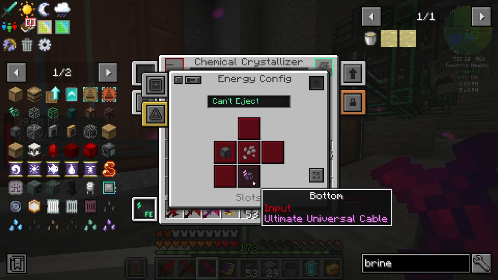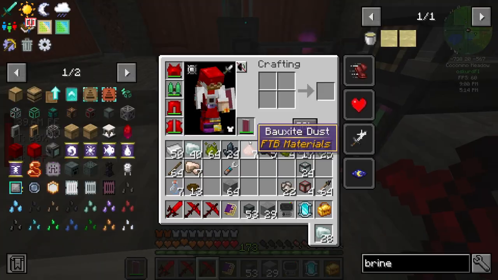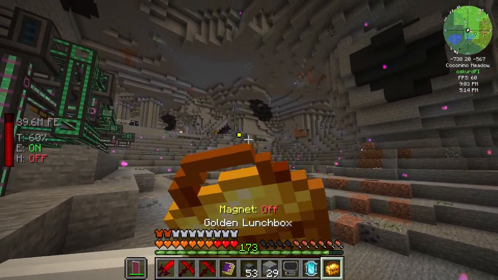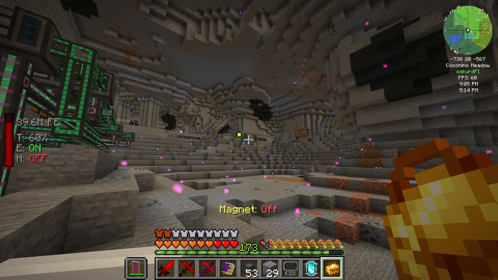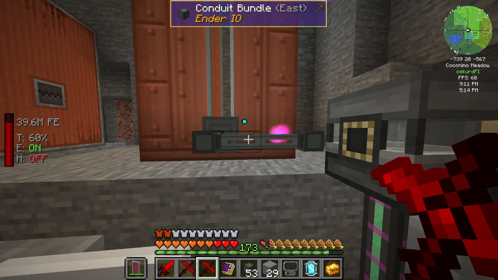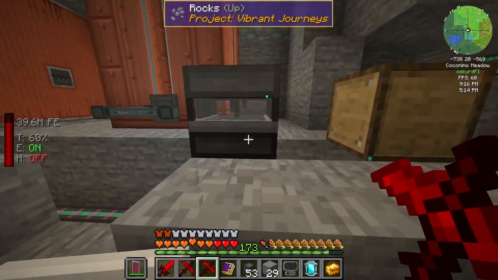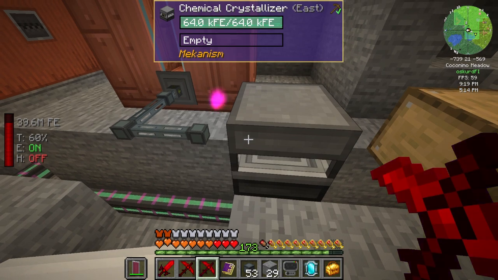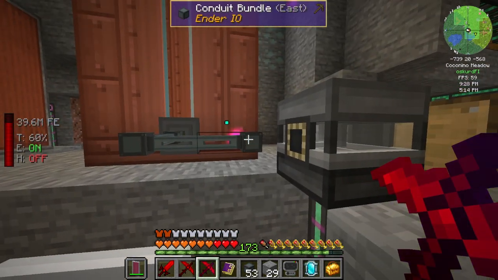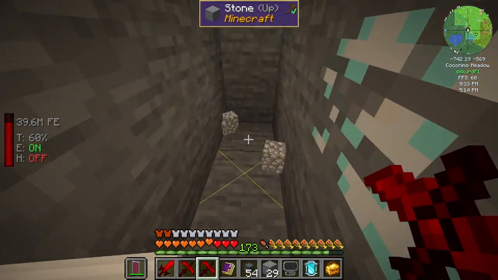Power is this. This can't be happening. Why can't this connect? Well, because Ender IO is very forgiving.